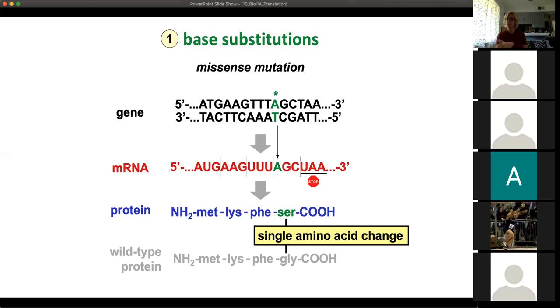So in this case, it's really hard to predict. We would have to know, what does the normal protein do? And is that glycine actually important for the normal function of the cell? But either way, regardless of whether this is harmful to the protein, not harmful, or beneficial, we call this a missense mutation because we have swapped out an amino acid.